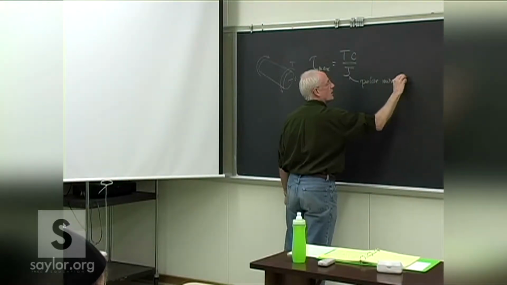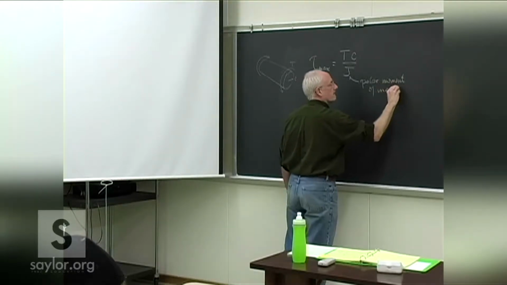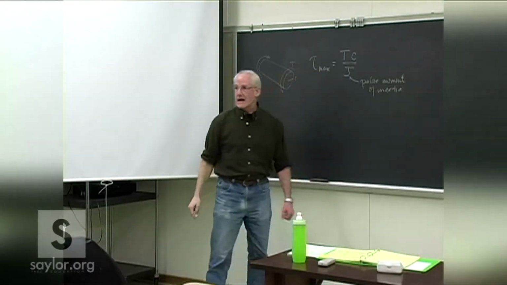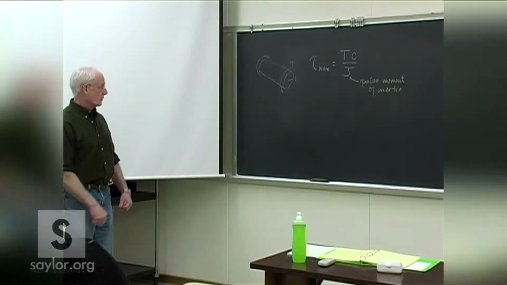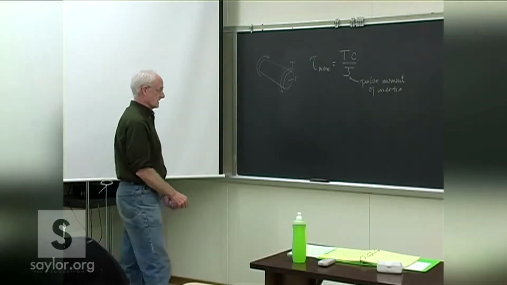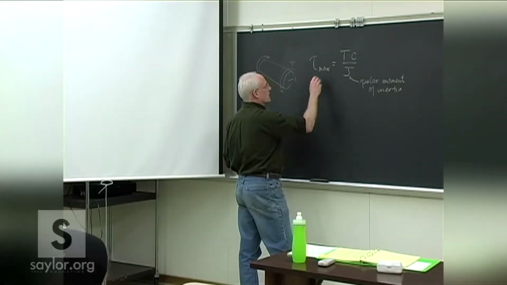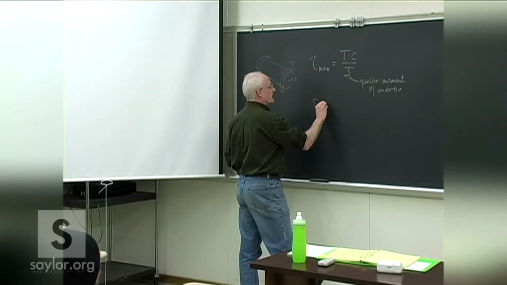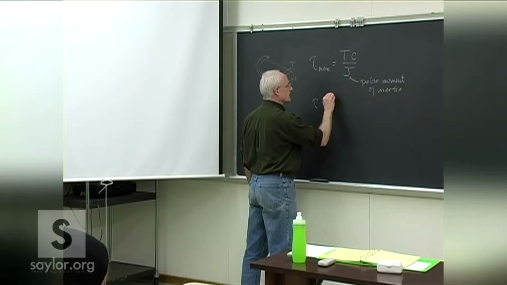It's just like our regular moment of inertia that we looked at a lot in statics last term, only for circular shapes, circular cross sections in this case. This is just the maximum stress, but that's where most of the concern is.